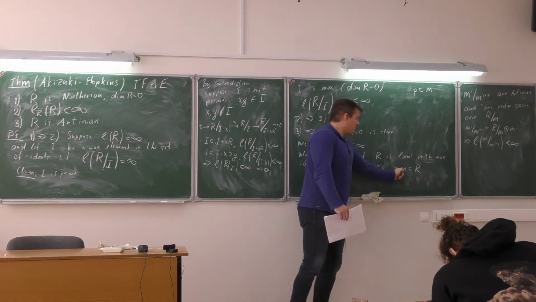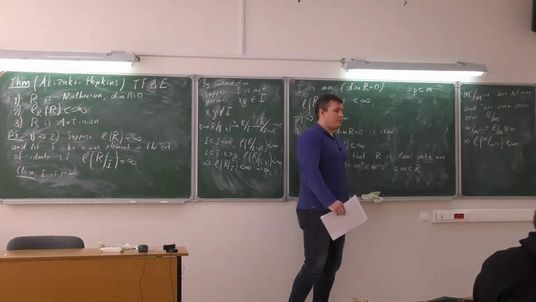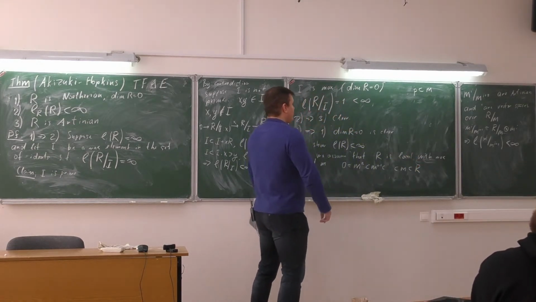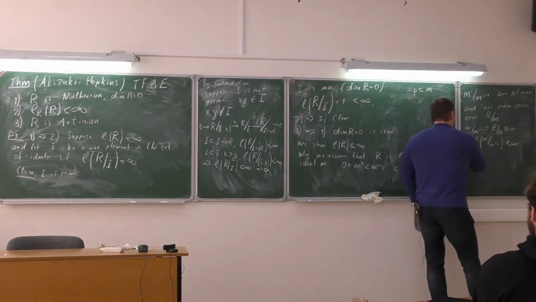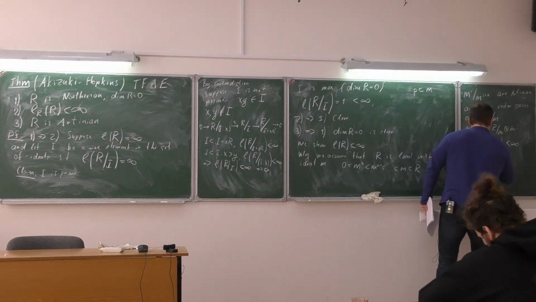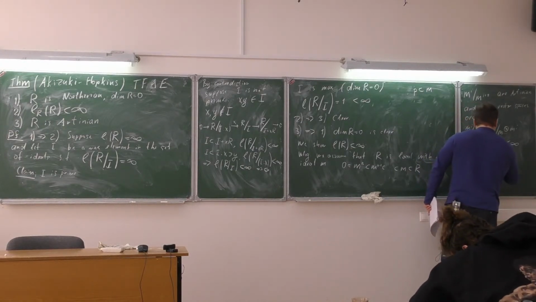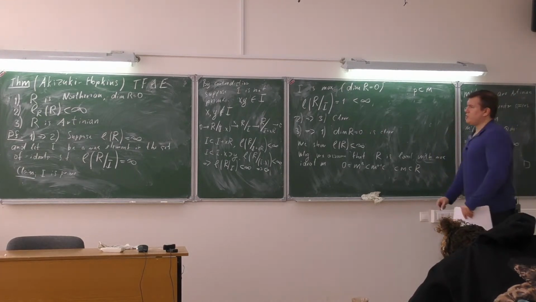I'll see that all these things are finite length, so M will be finite length, the quotient will be just a field, so R has to be of finite length. Well, at least this is something that we've done before. So the conclusion is if all these quotients are finite length, then the length of the ring R is finite. And that's the end of the proof of the Hopkins theorem.